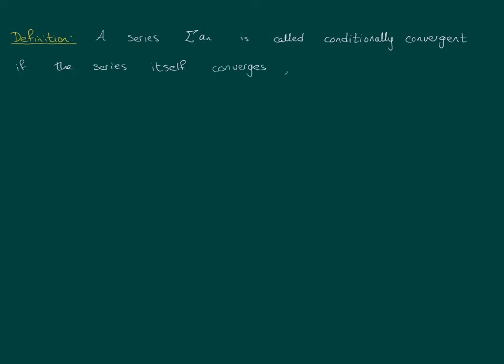Okay, so we'll continue with a definition. A series, sum a_n, is called conditionally convergent if the series itself converges, so if it is a convergent series, but the corresponding series of absolute values diverges.